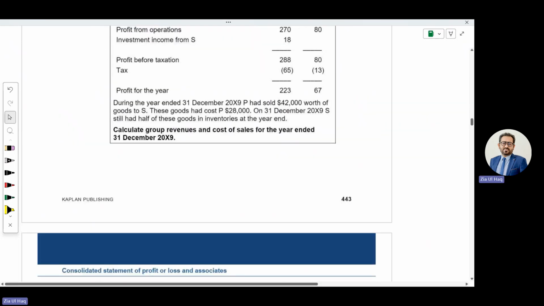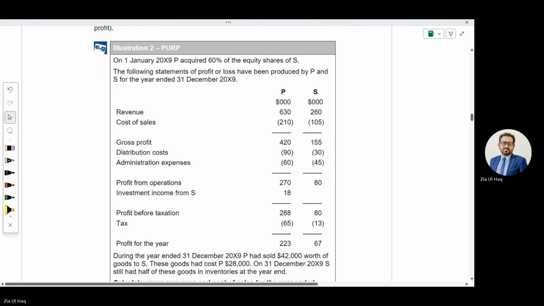Let's discuss this example. On January 1, 20x9, P acquired 60% of the equity shares of S. The following statements of profit or loss have been produced by the parent and subsidiary.